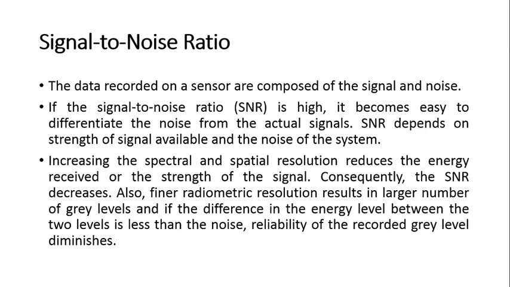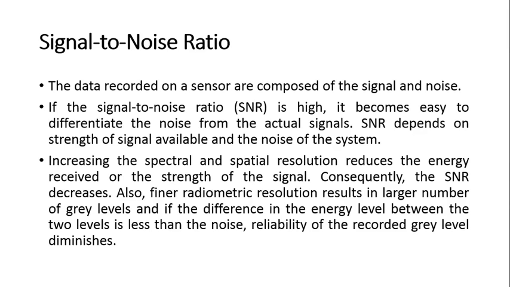Another trade-off is that we use narrow spectral bands to increase the spectral resolution, whereas it reduces the energy received at the sensor in the particular band. A wider band increases the reflected energy.